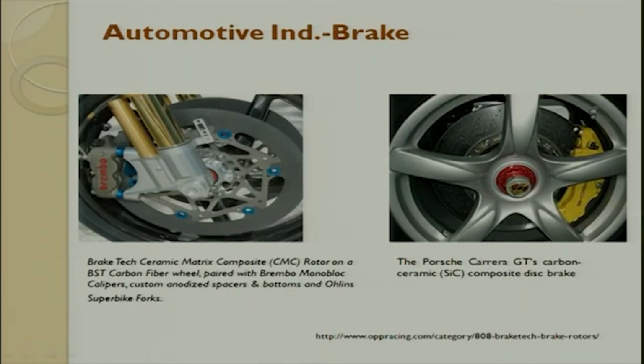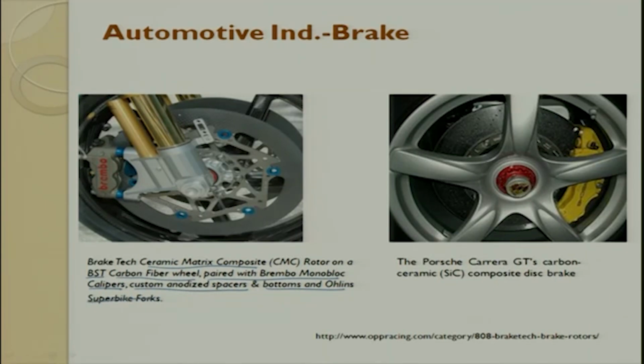If you look at it, these are ceramic matrix composite rotors on a BST carbon fiber wheel. The carbon fiber wheel is very lightweight. So, paired with Brembo monoblock caliper, custom anodized spacer and bottom of this super high bike forks.